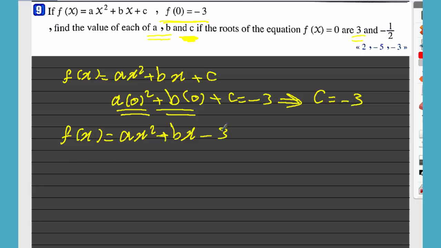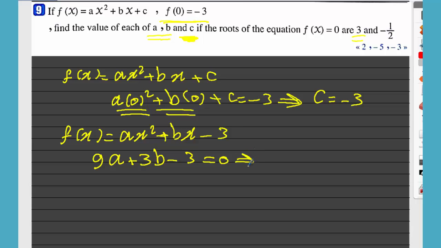So f of 3 equals 0. When x equals 3, we will get a multiplied by 3 squared, it will be 9, plus 3b minus 3 equals 0. That's because f of 3 equals 0.